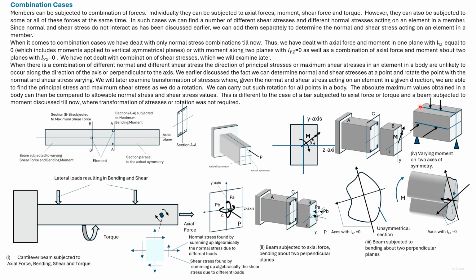We also can have a case like this, where there are transverse loads acting on both the axes of symmetry. Then we have to develop bending moment diagrams for this axis of symmetry and also for this axis of symmetry. In this case, the absolute maximum normal stress will be at only one point.